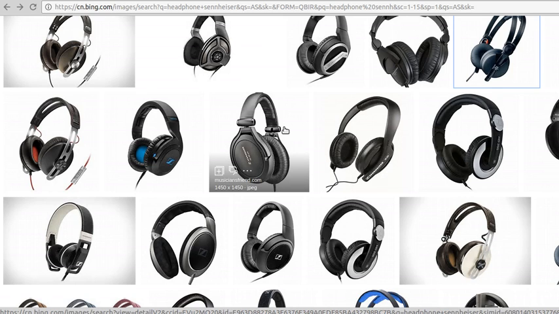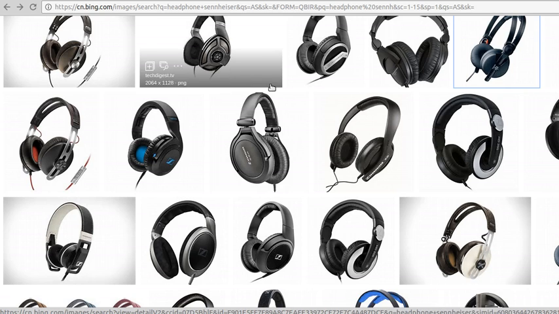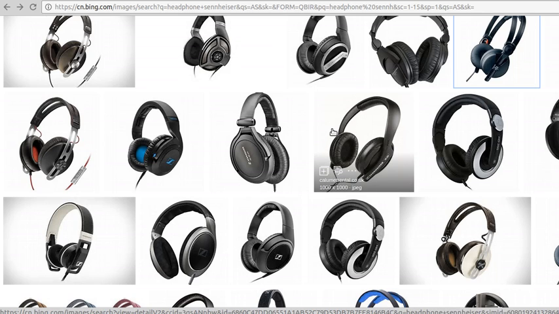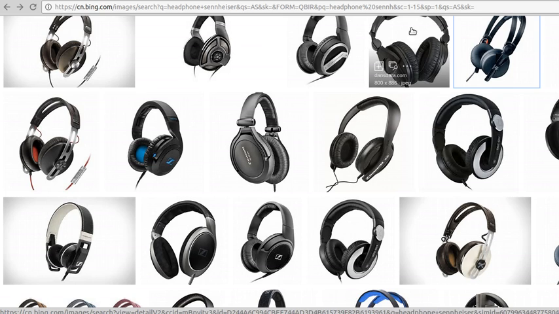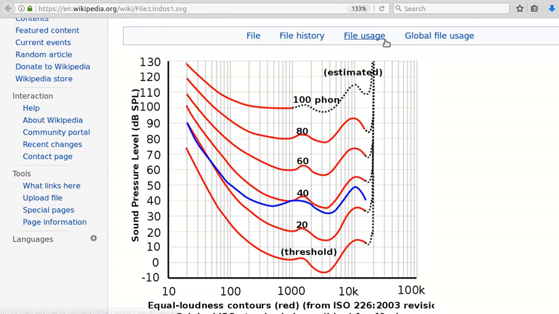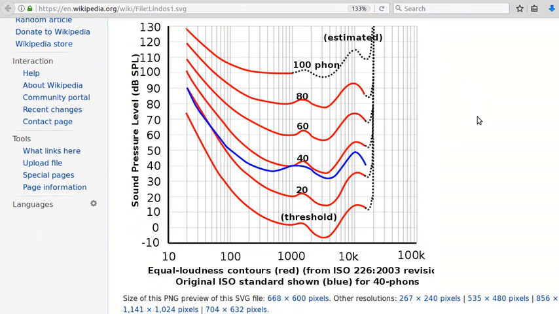They think if a headphone can output such a frequency response, it will be transparent. It means the sound has not been colored by the headphone. But we're going to dig a little bit deeper into this perspective.